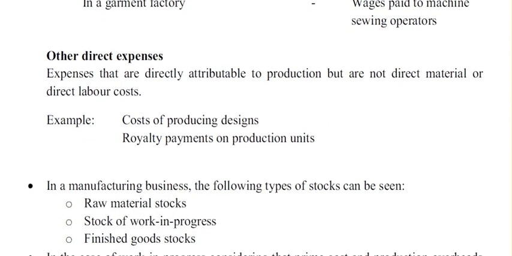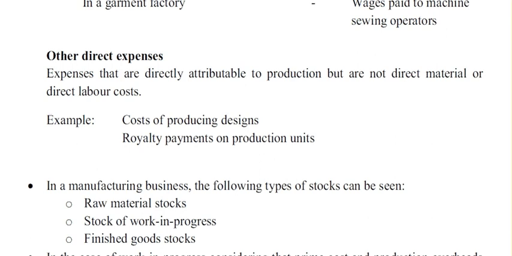First, we can identify the raw material stock. Second, the work in progress stock, which means unfinished goods. Third, the finished goods stock. You have to know that a manufacturing business consists of three types of stocks.